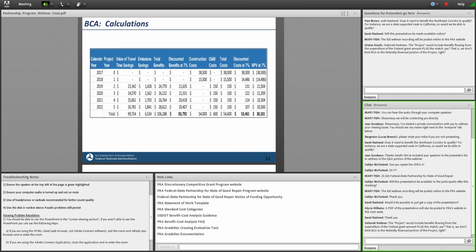So once all of that has been established, this is just what your benefit cost analysis should look like when you submit it.